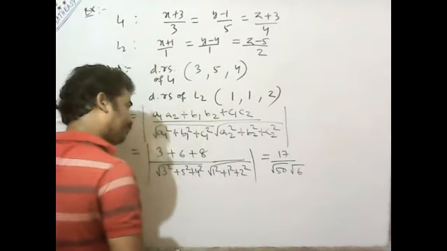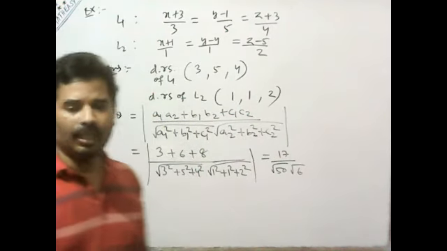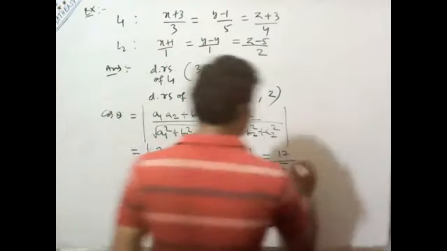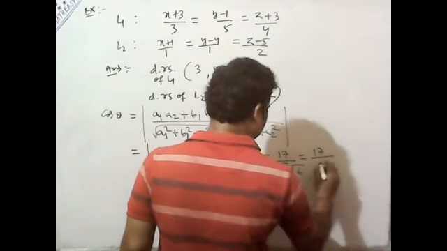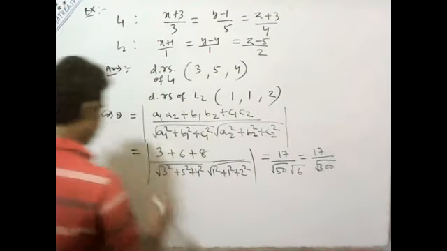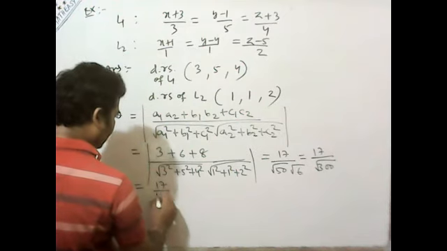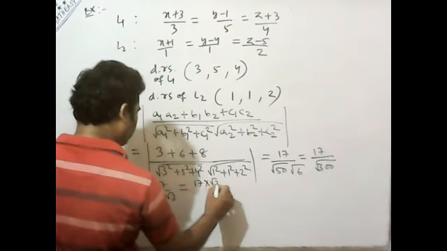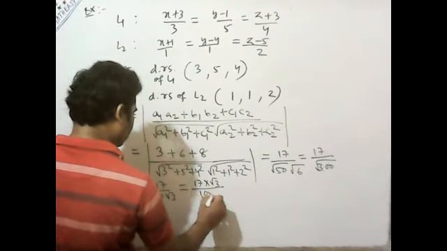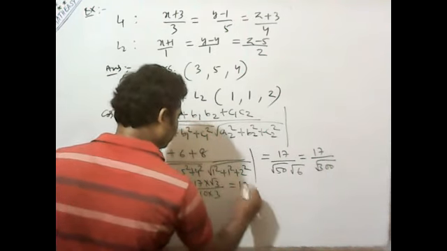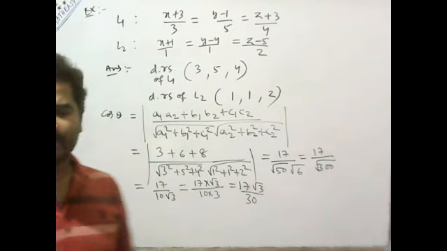So here 17 by the root of 300, you can say that is 17 by 10 root 3, means 17 into root 3 divided by 10 into 3. So that is 17 root 3 divided by 30. This is the cos theta.